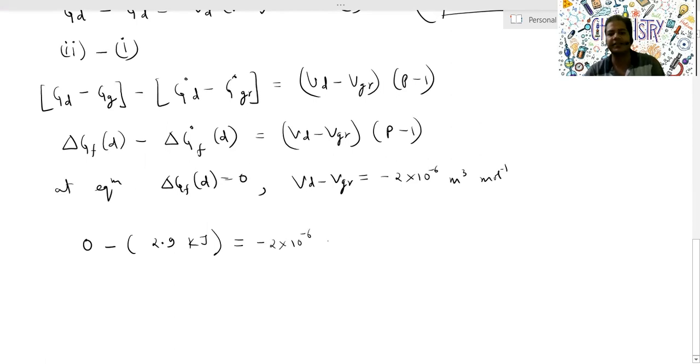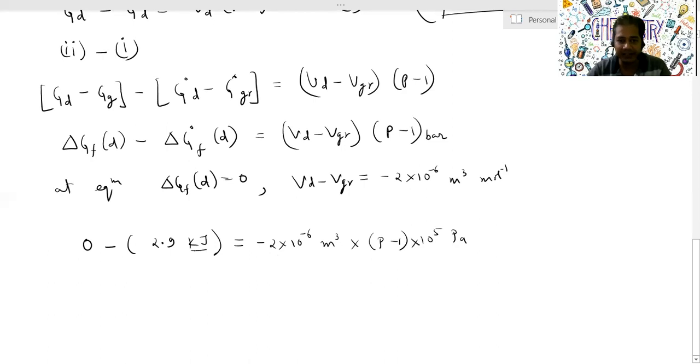Pressure we have taken in bars. If we convert bar into SI unit, 1 bar is 10 to the power 5 pascals. This is meter cube, and into P minus 1 bar, converted to pascals, will be 10 to the power 5 pascals. Why are we converting into pascals?